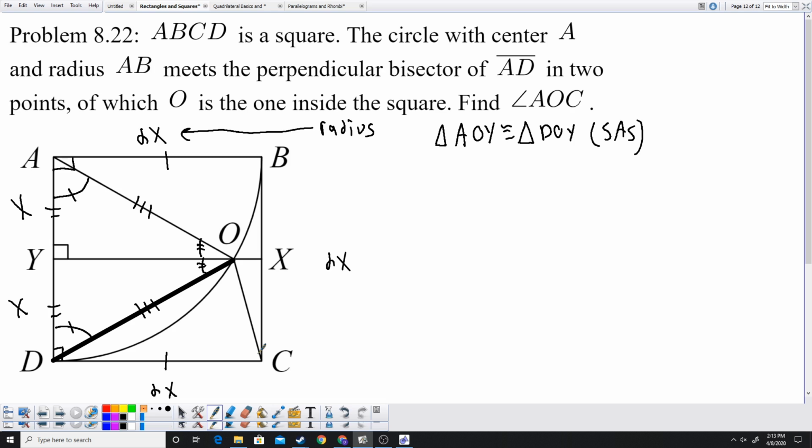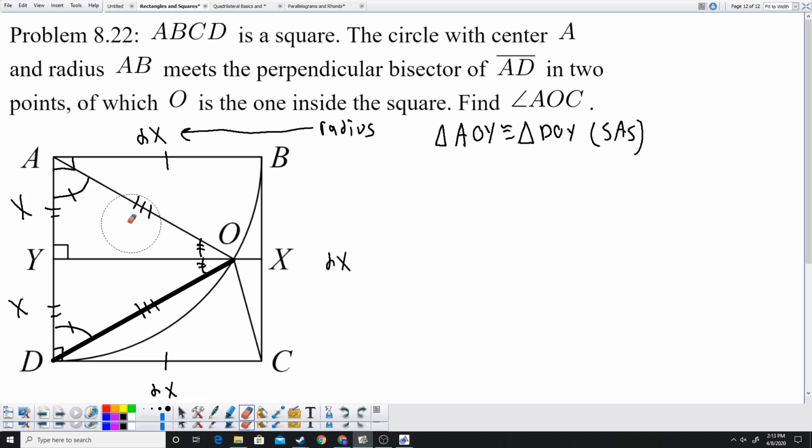Well, if I notice AB is a radius, and the radius is defined as from the center of the circle to a point on the circle, that point B specifically.